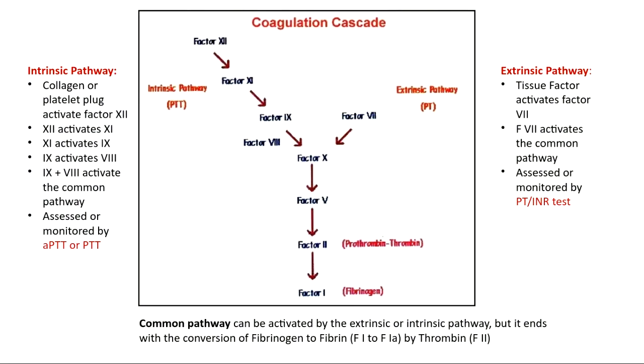So factor 10 will become activated by 9 and 8, and then it will activate 5. Activated 5 will activate 2. Activated factor 2 will activate factor 1, and factor 1 will become fibrin. So that is the whole domino. It's like playing tag. Once you're tagged, then you're going to go in, tag somebody else.